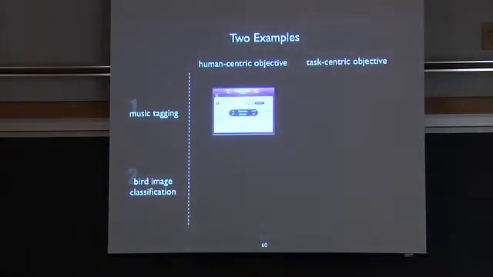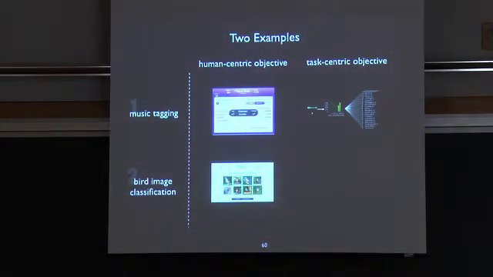In music tagging, we invented a new mechanism that is better than the ESP-style mechanism for players, and we invented a new learning algorithm to take advantage of the noisy crowdsourced data that we collected from the game. In the case of bird classification, we have a task that's very difficult for game players, so we allow them to enter attributes that they choose themselves, and then use a machine learning algorithm to perform the actual task we're interested in.